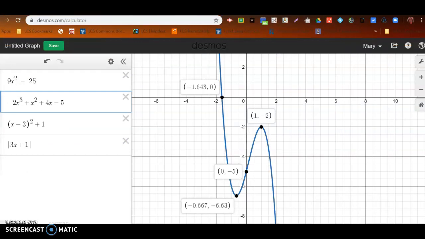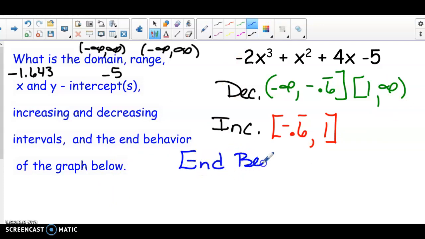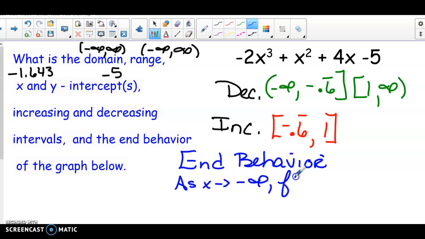Then, if you look again at positive 1, it starts moving downward. So you have another decreasing interval from 1 to positive infinity. Then the last thing we're going to look at is the end behavior. Again, it starts off as x approaches the left. So as x approaches negative infinity, what is the end of your graph approaching for y?